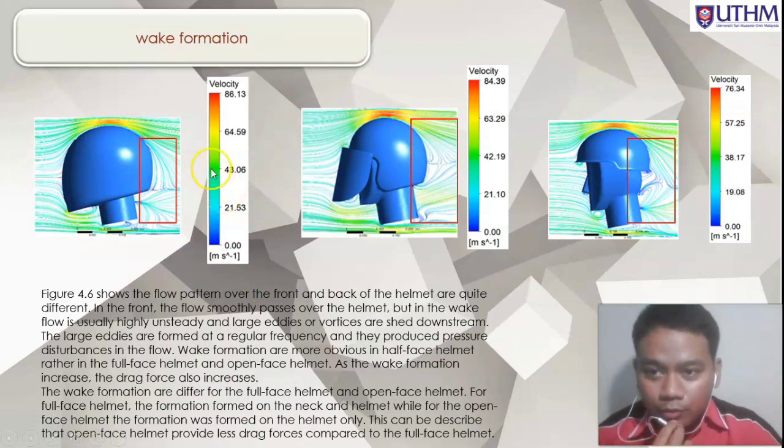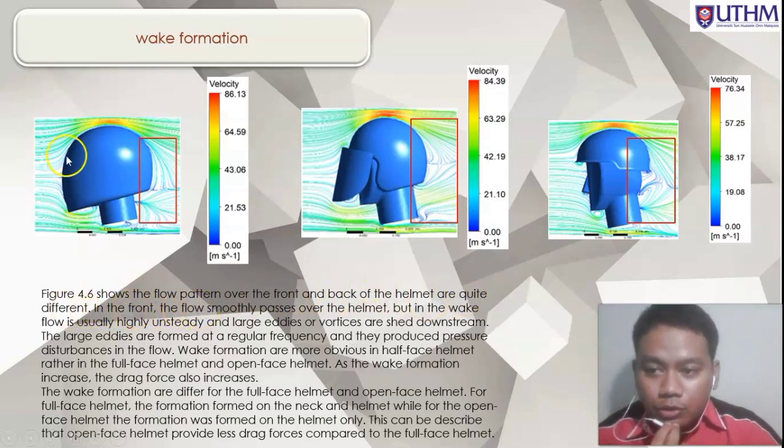So next we move to the wake formation. As you can see, these are 3 types of helmet with different wake formation at the back of the helmet. The figure above shows the flow pattern over the front and back of the helmet is quite different.